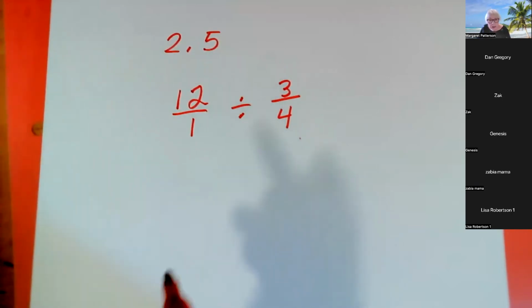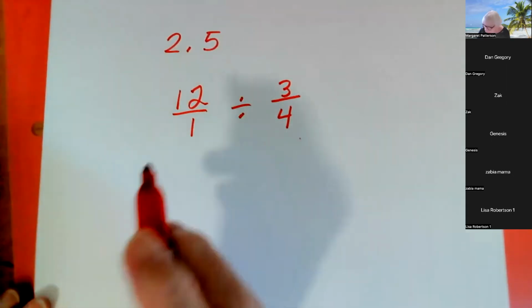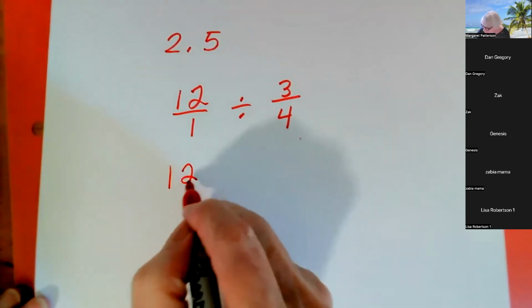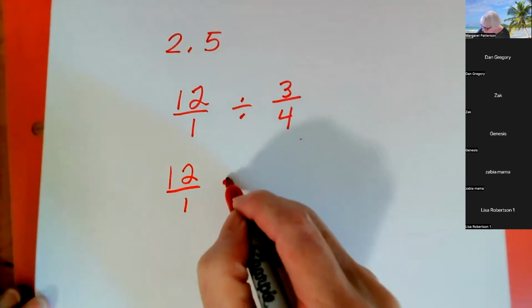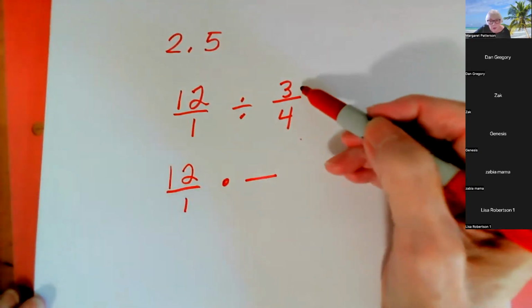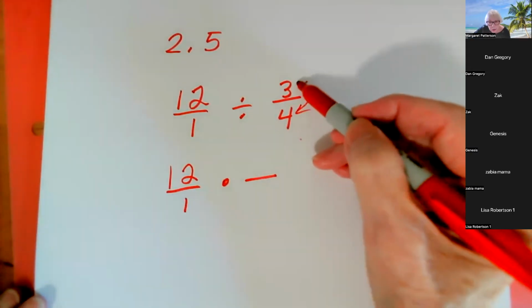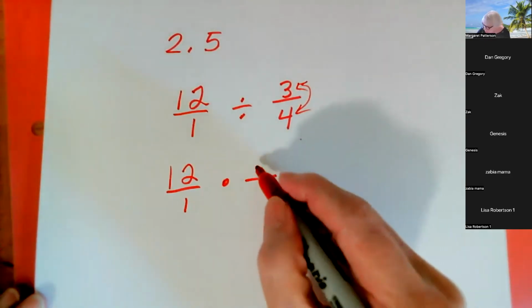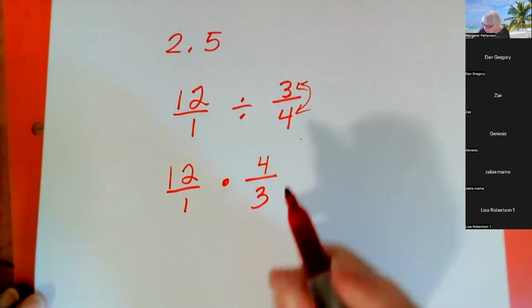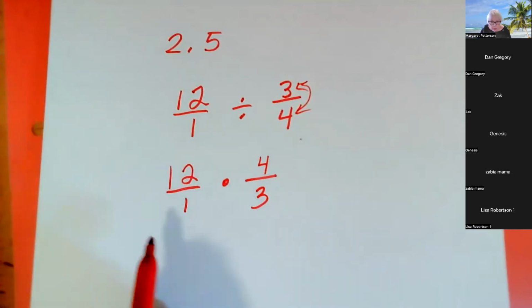So the multiplication problem turns out like this: 12 over 1 multiplied, and when you multiply, these two reverse. So this is 4 over 3. This is the problem we do.